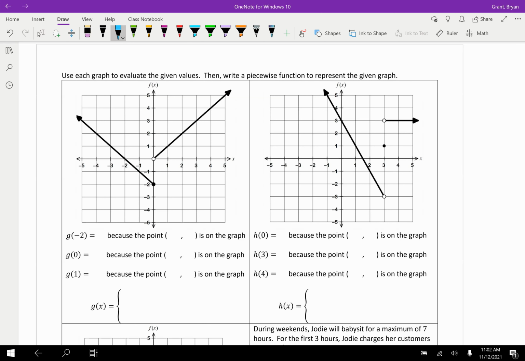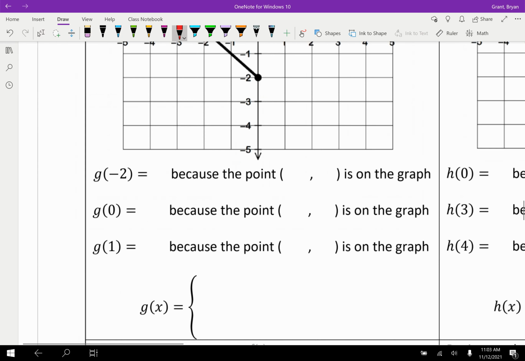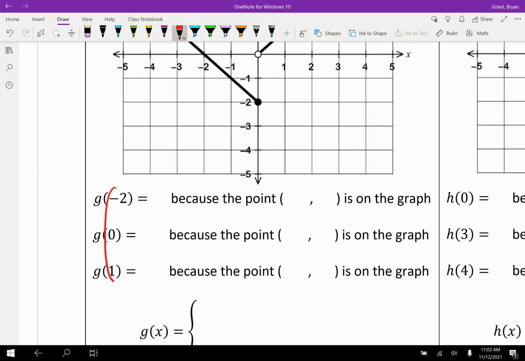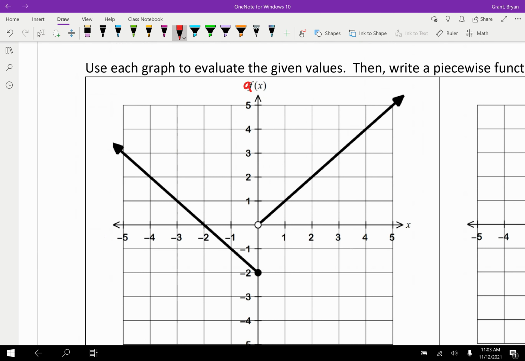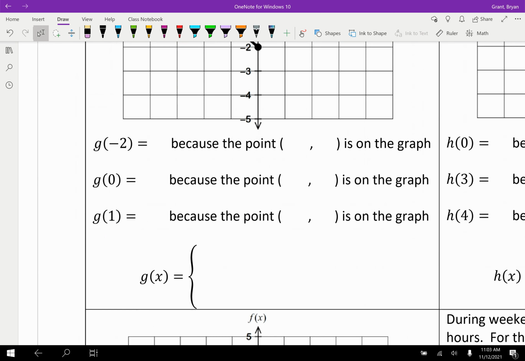In function notation, we need to remember that the value substituted into our equation, and this is g of x, I should probably say g here, whoops, this is g of x. X is our input. So all of these numbers here are inputs. They are the points negative 2, 0, and 1, all comma something. How do we find the something?